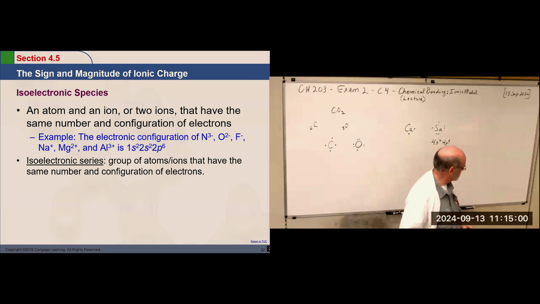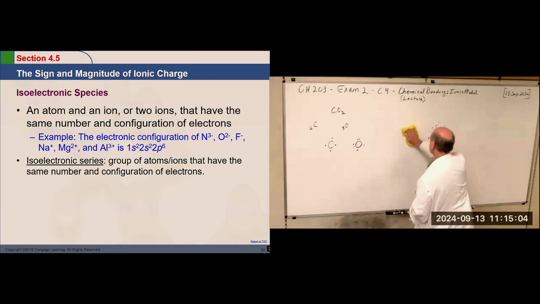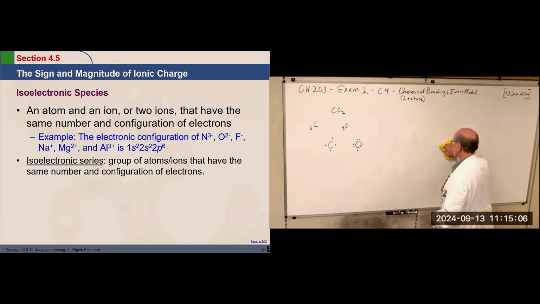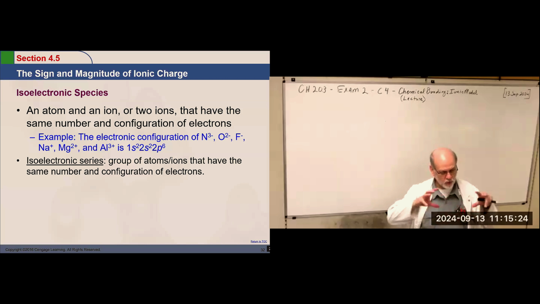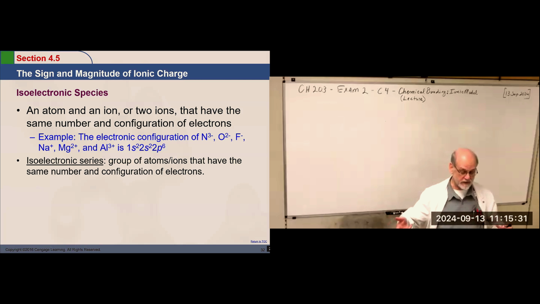This concept, isoelectronic series, all that means is that when you consider ions, comparing ions of the different elements, you can create a group that has exactly the same electronic structure.